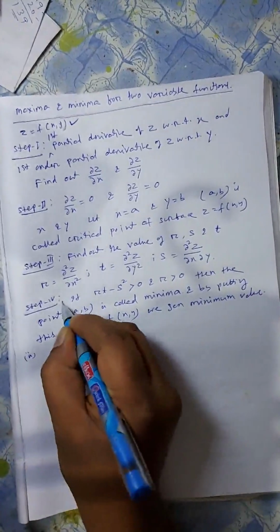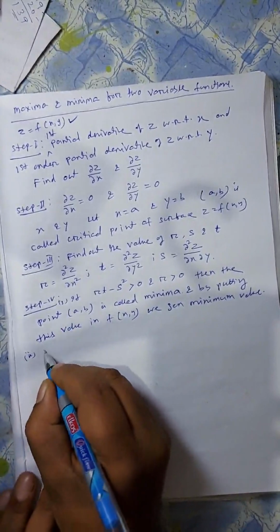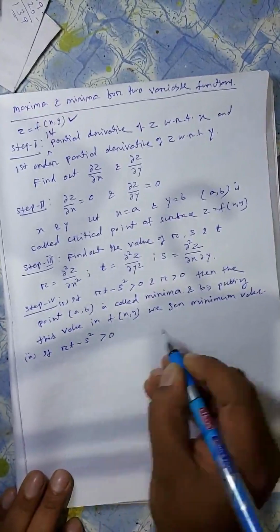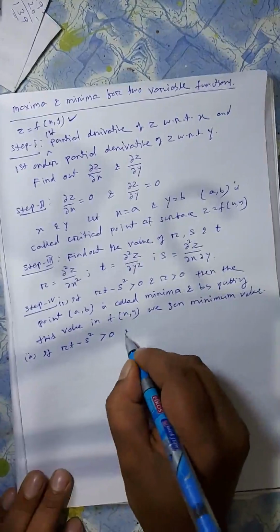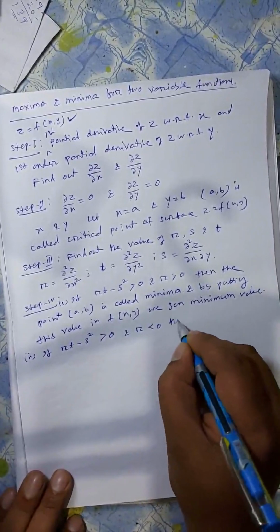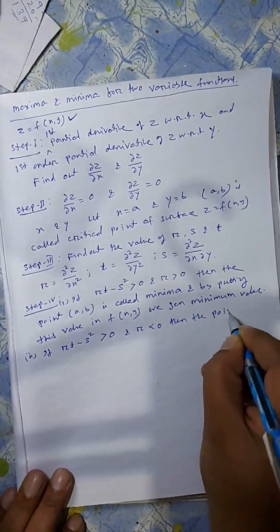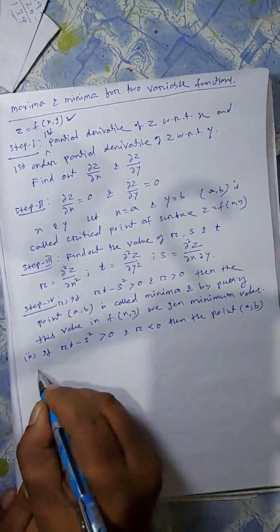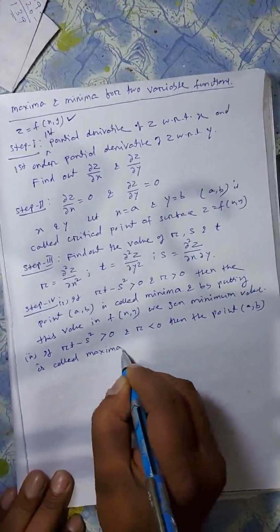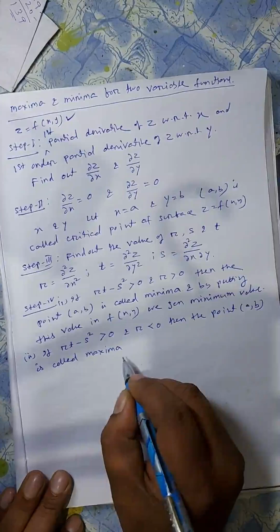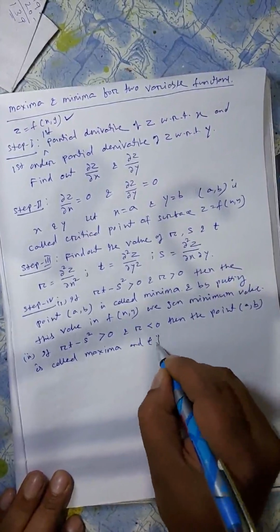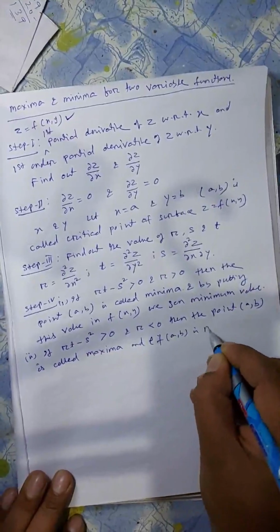Second point, if RT minus S square is greater than 0 and R is less than 0, then the point (a, b) is called maxima, and if we put this value (a, b) in x y, that means f of (a, b) is the maximum value.